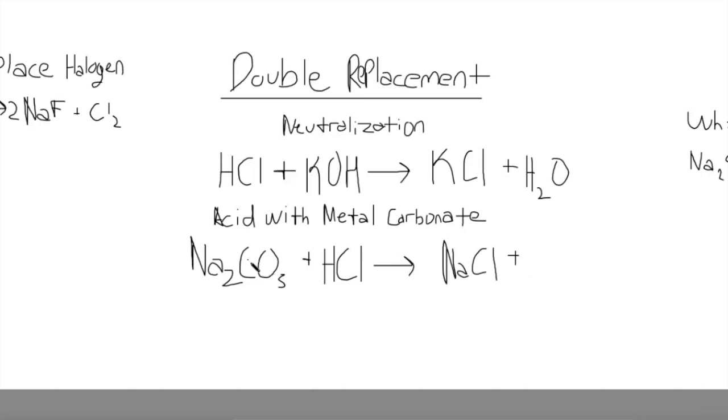Because these two are reacting, and then these two are reacting, right? So we have CO3 and a hydrogen. So we'll have H2O, and then we're left with two more oxygen. So that's just CO2. So it all kind of makes sense why these products are the way they are.